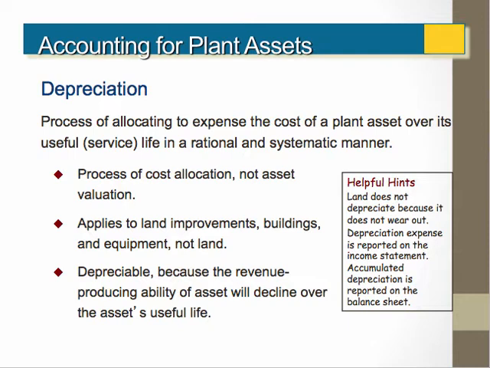It applies to all items that are property, plant, and equipment except for land. Land does not depreciate because the belief is that land will always be there. We depreciate the asset when we get the benefit of the use of the asset, so therefore we're relying on the matching principle when we create the journal entry to recognize depreciation.